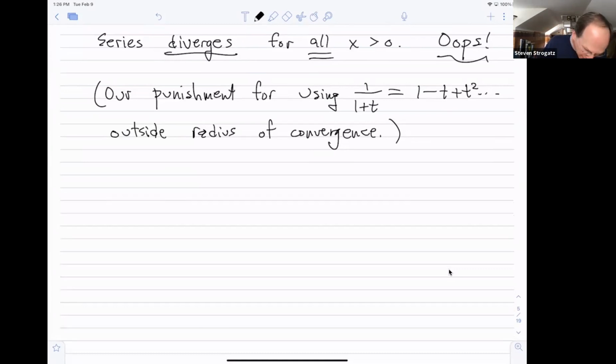Let's look at what the series predicts. So nevertheless, let's look at what the series predicts for some moderately large value of x.